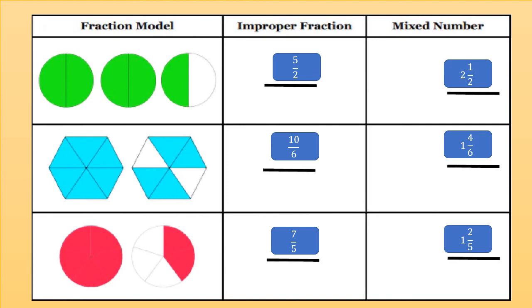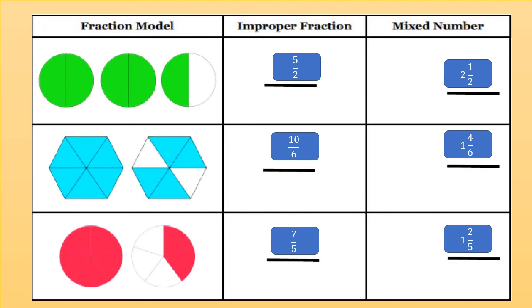Now next, the total number of shaded parts is 10 and the number of parts in which the hexagon is divided is 6. So 10 by 6 is the improper fraction and the mixed fraction will be 1 whole and 4 by 6 since 4 parts are shaded out of 6.